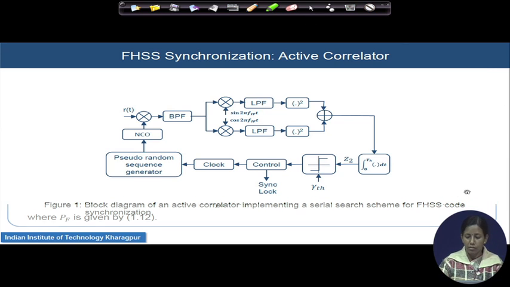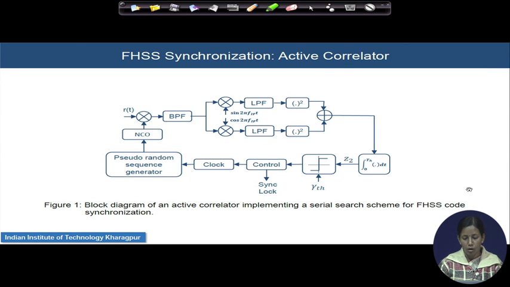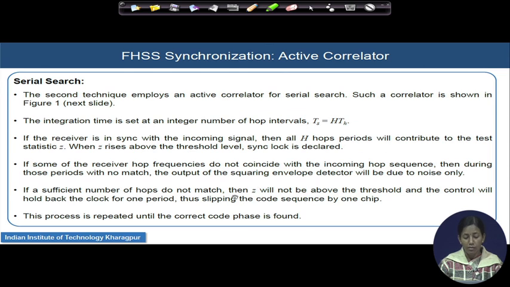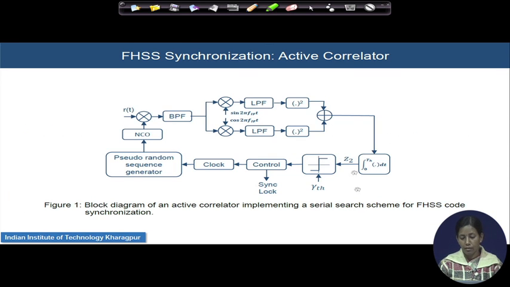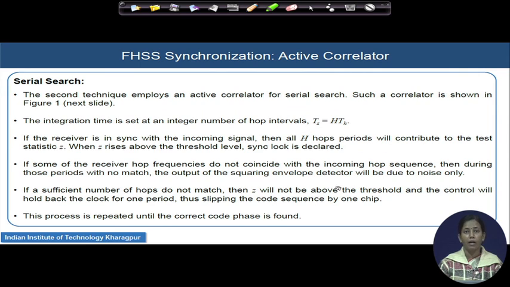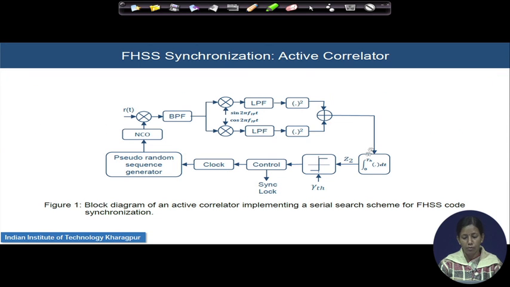But remember, you are depending upon the statistics of this z. Whether z will rise above the predefined threshold gamma th1 or stay below it largely depends upon how the outputs of the hops contribute to form the value of z.